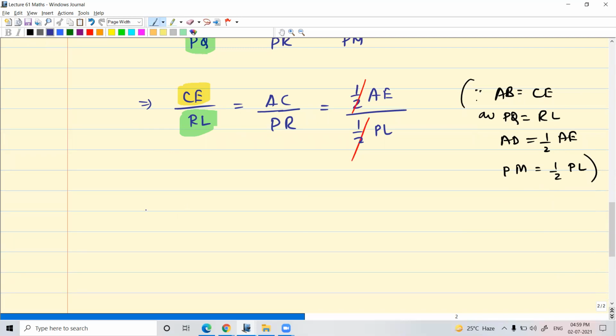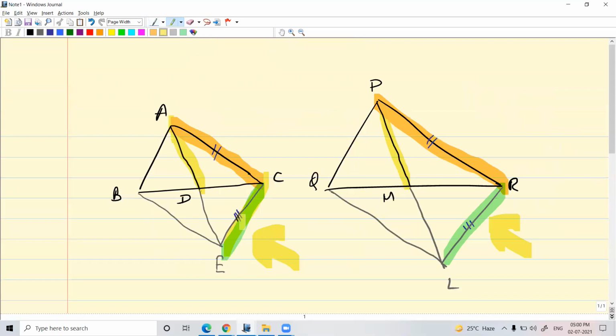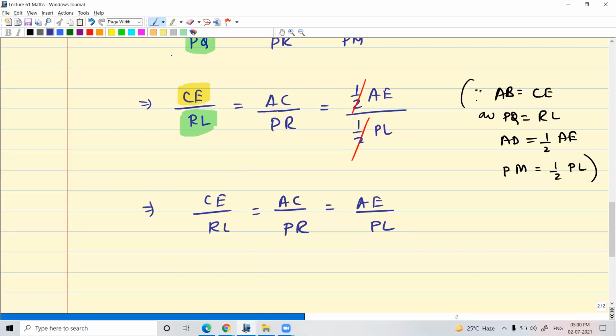All right, so now we can go very straightforward, right? CE by RL is equal to AC by PR is equal to AE by PL. So what happens now? This becomes the SSS criteria, right? So the triangles become similar.